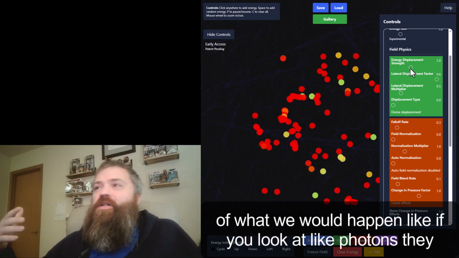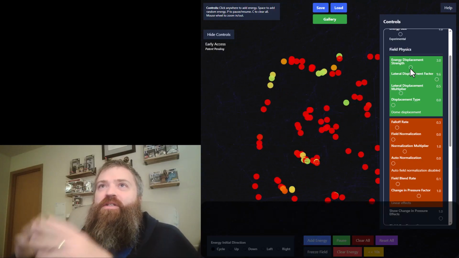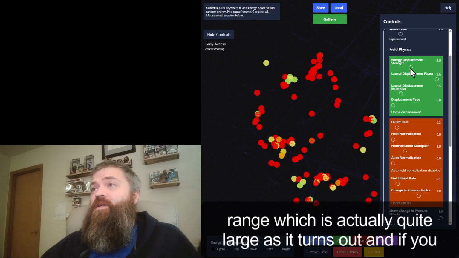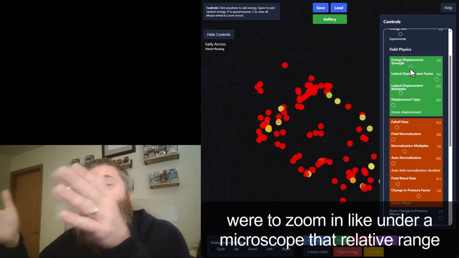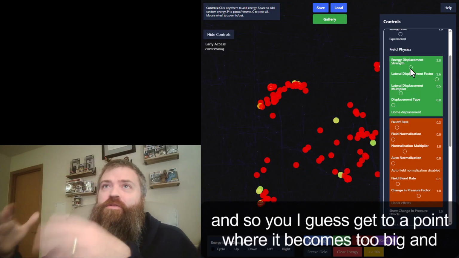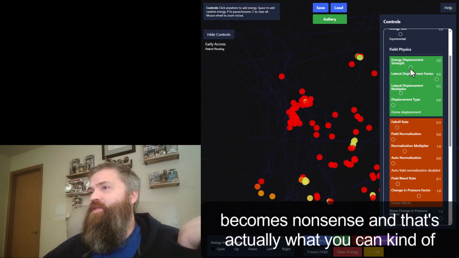If you look at photons, they displace the B field, and they do it at a certain range, which is actually quite large, as it turns out. And if you were to zoom in under a microscope, that relative range would get bigger. And so you get to a point where it becomes too big and becomes nonsense.